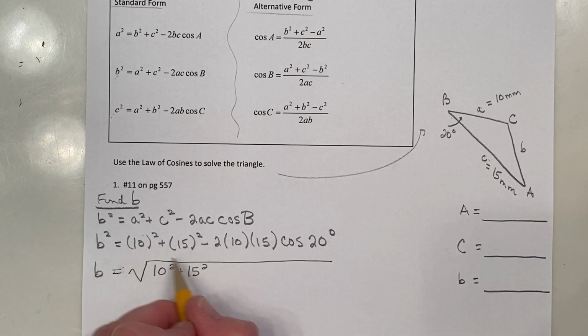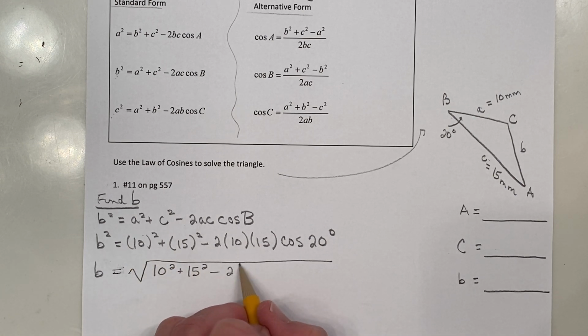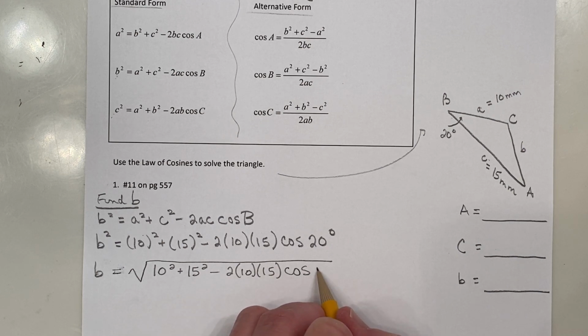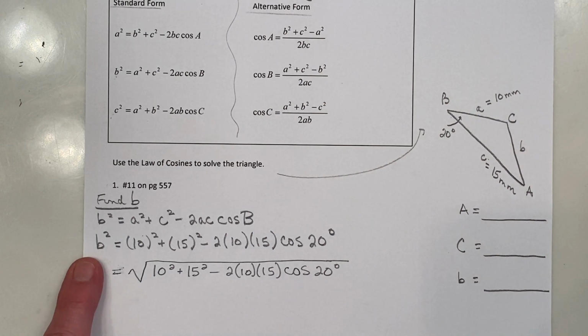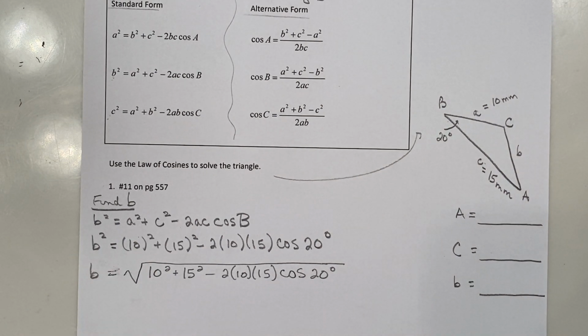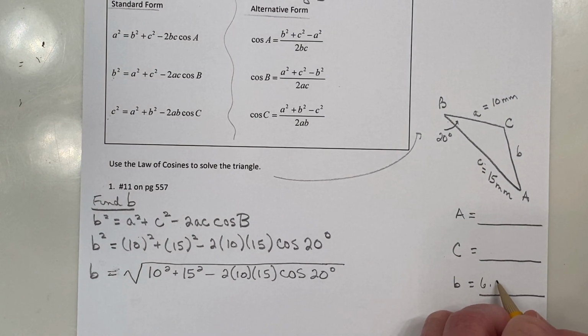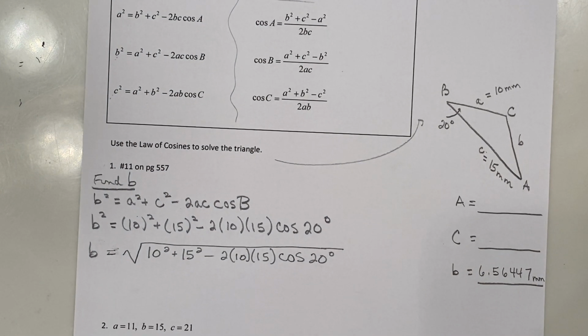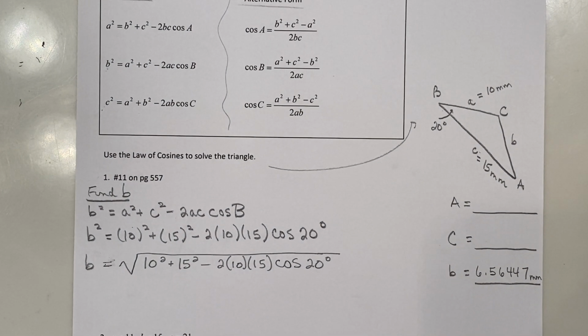I don't need parentheses around those numbers: 2, 10, 15, cosine of 20 degrees. Remember, these formulas are for b squared, so you have to square root them to get b. When I did that, I got 6.56447, and that's the side length, so this would be millimeters. I went to 5 decimal places, just mixing it up a little.